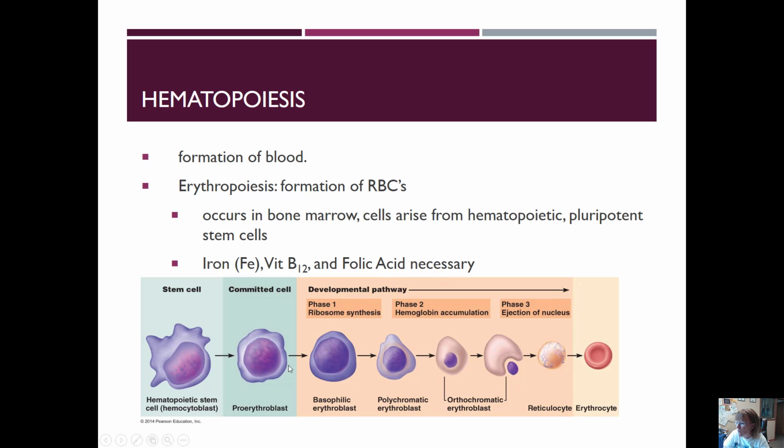stages that the red blood cell will go through. You have a question that says, what would be some situations where you might find more than normal number of reticulocytes in your blood?